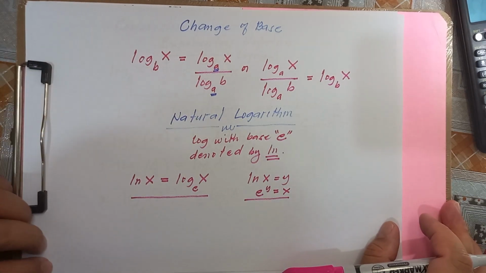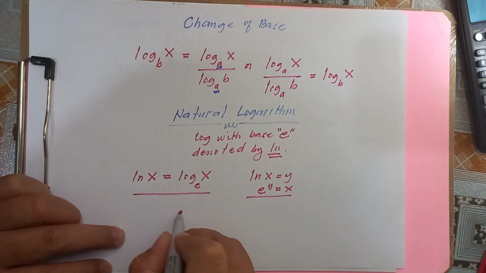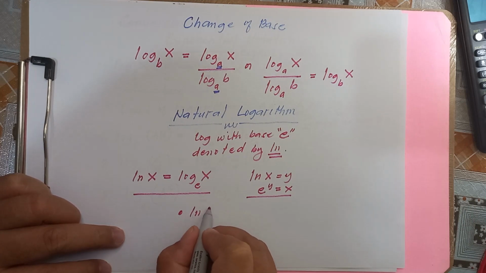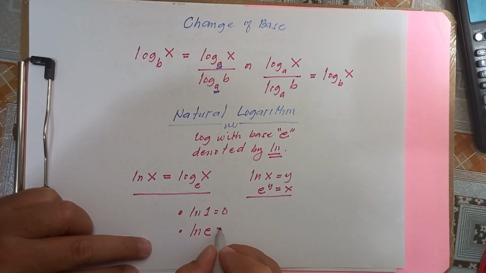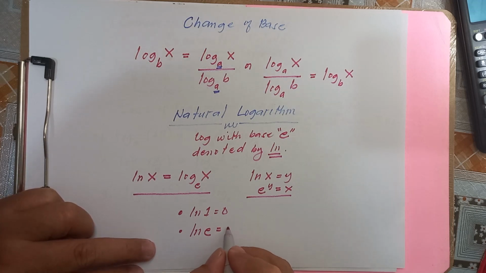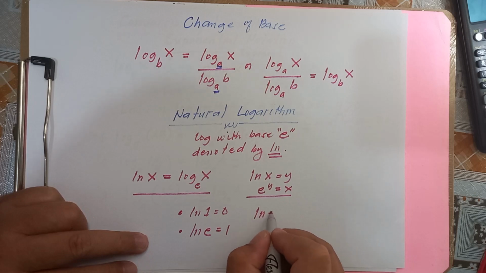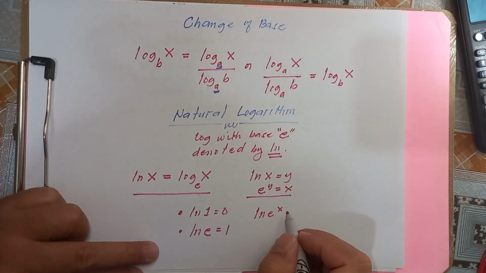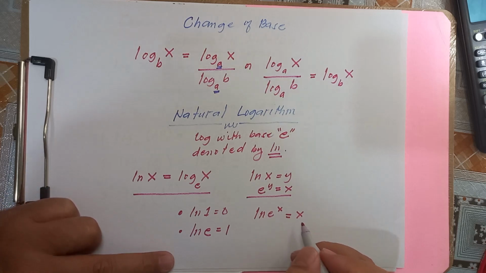We have to remember also that when we have a natural logarithm of 1, the result will always be 0. The natural logarithm of e, the result will always be 1. The natural logarithm of e raised to the x power, the result will be x.